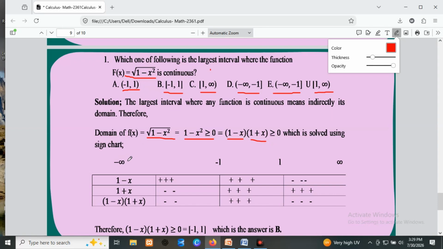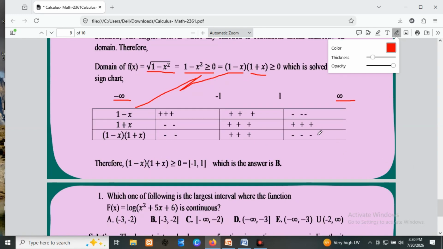In the sign chart, the upper line has minus infinity and positive infinity. I will bring the first factor, 1 minus x, separately. The second factor goes into the second row. Then the third row contains the product, the function itself.